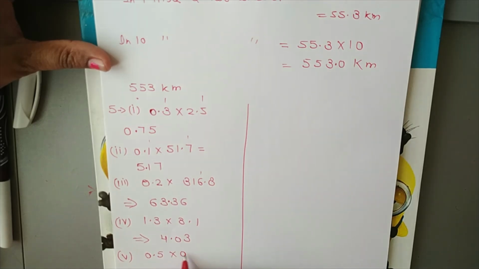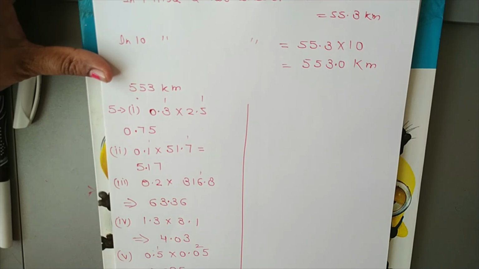Next is 0.5 into 0.05, so 5 5s are 25. After the decimal there are 2 digits here and 1 here, so total is 3. So 1 2 3, it means we have to put 0, then the decimal, then 0. Now sixth one, 11.2 into 0.15, so it will be 1.680.